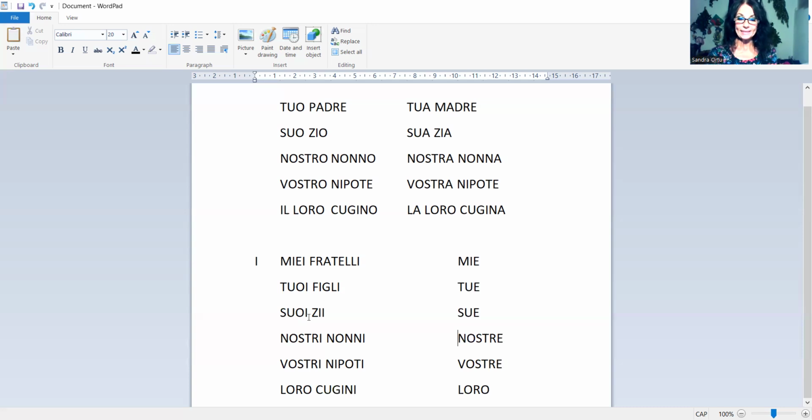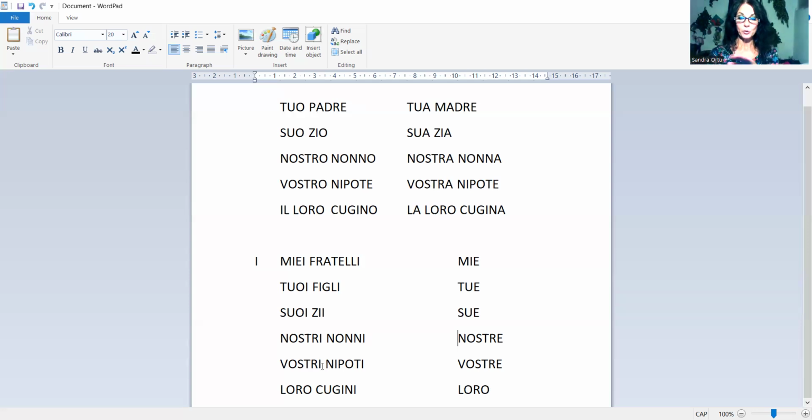I suoi zii, suoi, his or her, plural because zii is uncles or uncle and aunt. They're plural, we're talking about more than one person. I nostri nonni is our grandparents. So grandparents, plural. So nostri is plural masculine because we are saying nonni, again, either two grandfathers or grandparents in general.